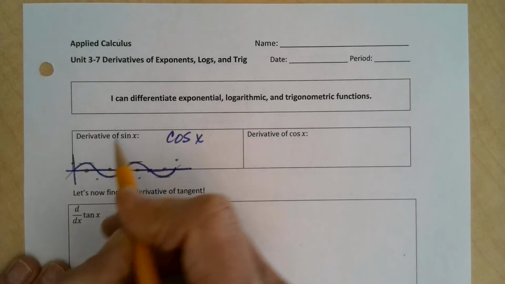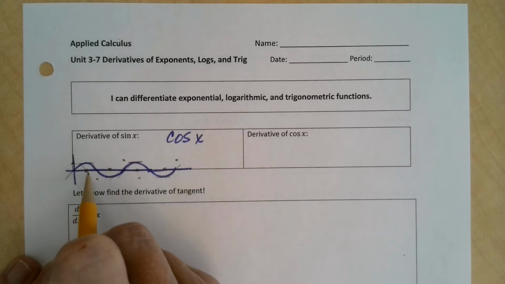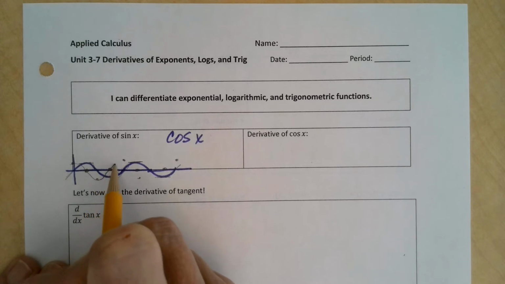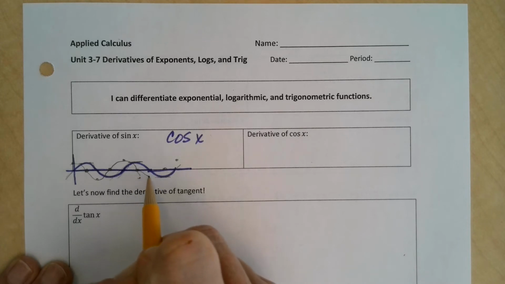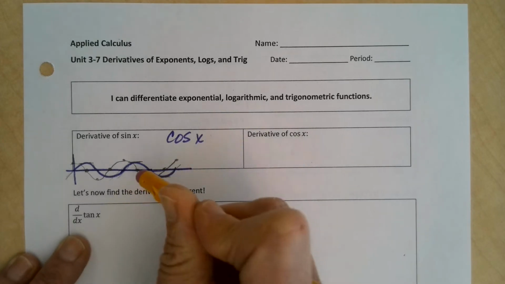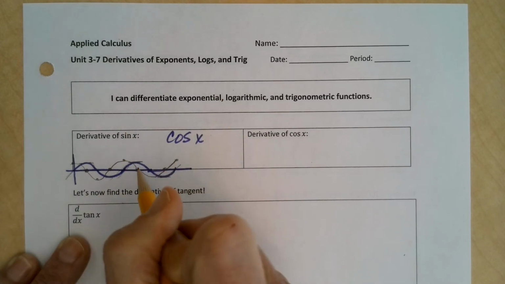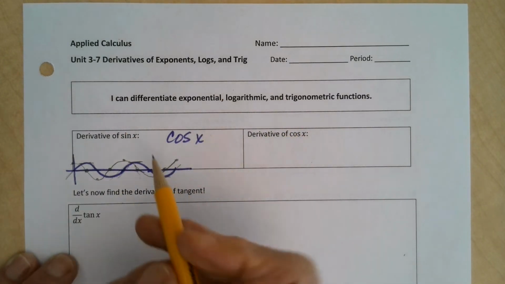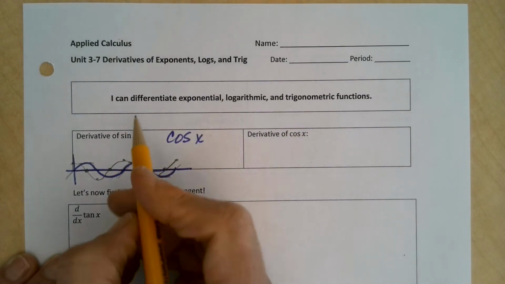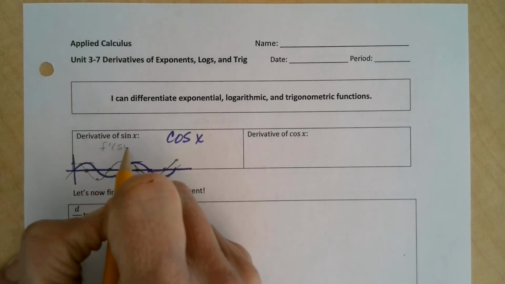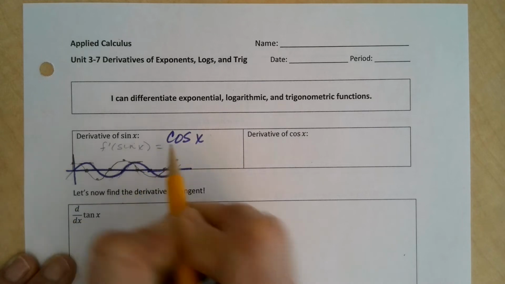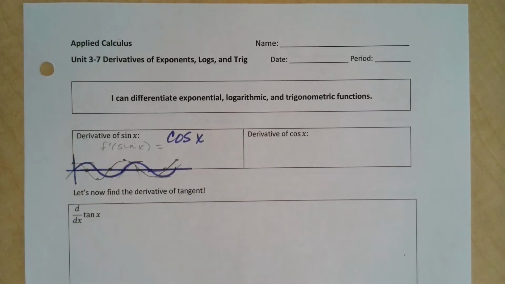So you can see the cosine graph if you work to connect your dots. So the derivative of the sine of x is equal to the cosine of x.